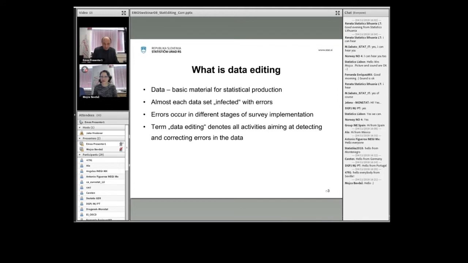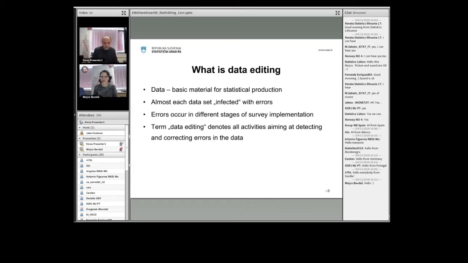The second issue that makes data editing so important is that it has a very large impact on the quality of statistical results. I think that very frequently data editing is underestimated as an issue for data quality.